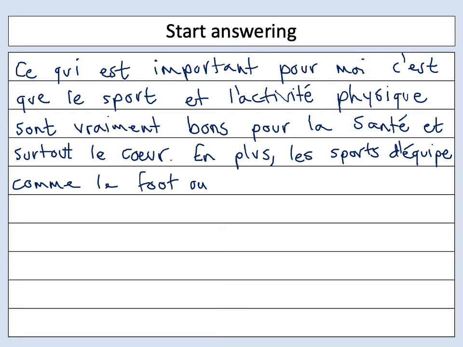And we're going to talk about hockey. We're going to talk about rugby later on, so I'm going to put hockey here. So le hockey. And again, because we've talked about sports in general, we need to say are. So brilliant. So additionally, team sports like football or hockey are, and then we'll put in useful.